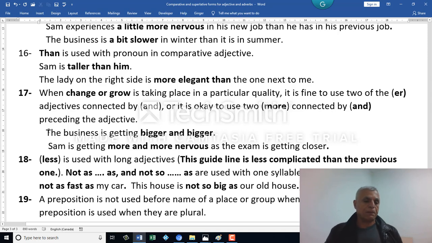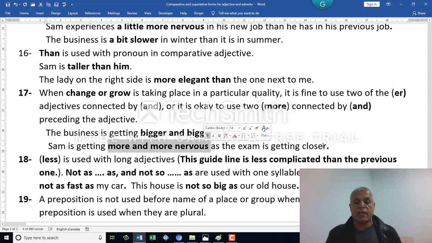For example, the business is getting bigger and bigger. If you look here, we have an adjective, then we add another adjective, bigger and bigger. Sam is getting more, look here, more and more nervous as the exam is getting closer.